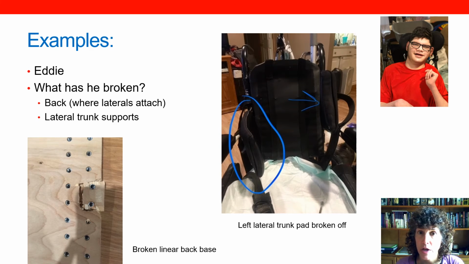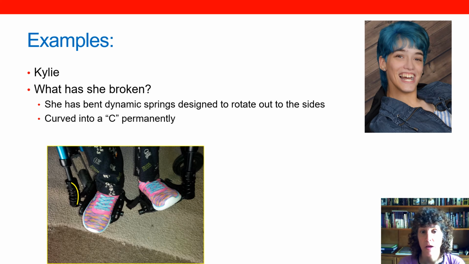Eddie would lean forward and throw himself back with great force within his chair, colliding with the lateral trunk support with enough force and repeatedly that it broke off where that lateral attached, where the hardware attached to these attachment points on the plywood base of the back.